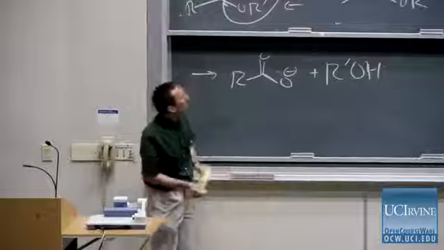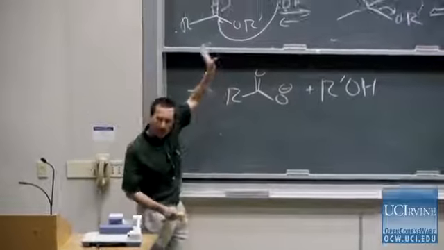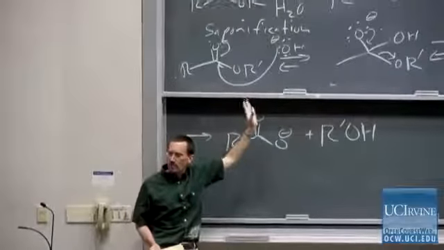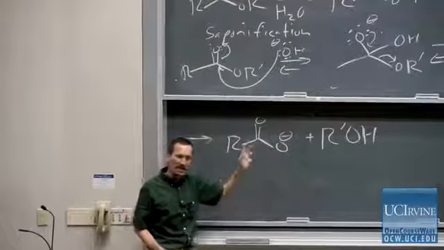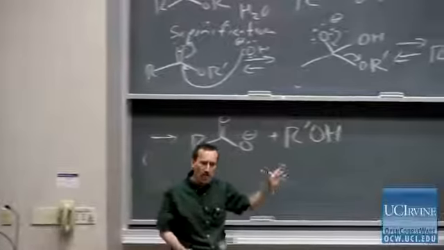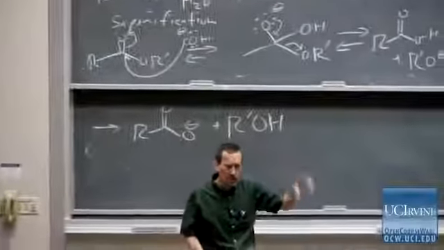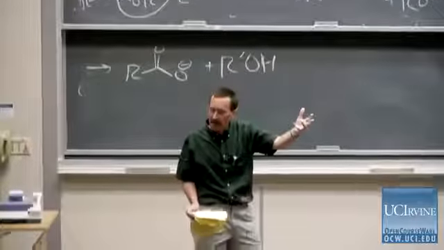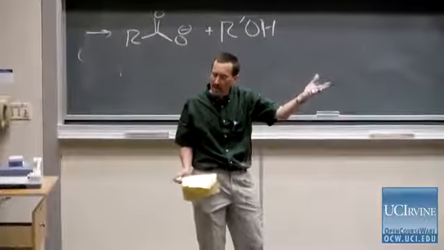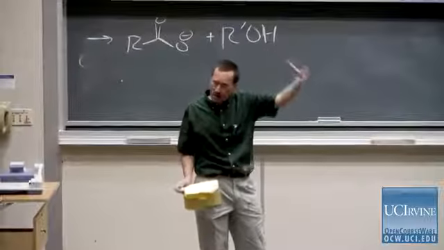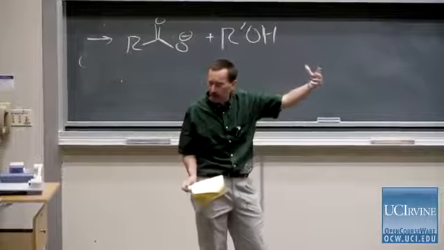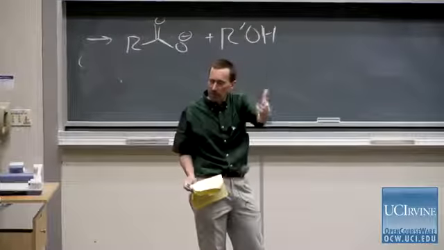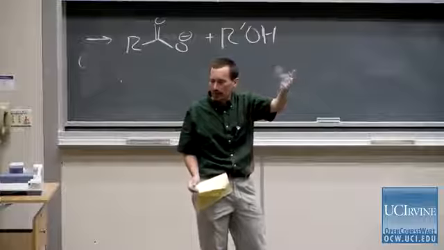And in a preparative sense, if I carry out this reaction in the laboratory and I want to isolate my carboxylic acid, a very common laboratory procedure is to saponify an ester with sodium hydroxide, then wash the aqueous layer that contains the carboxylate salt with ether to remove the alcohol and any unreacted ester.